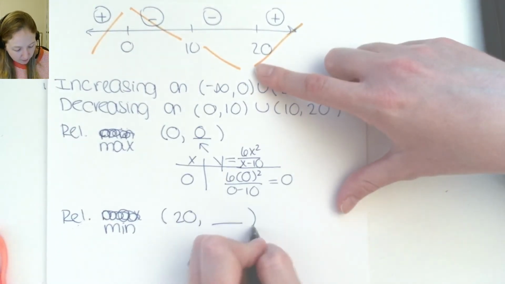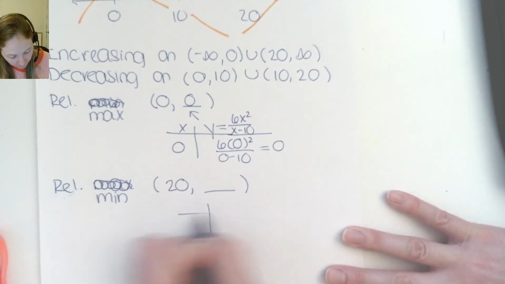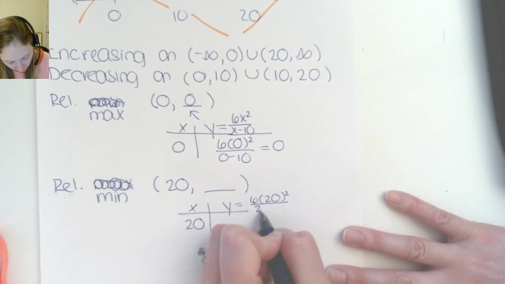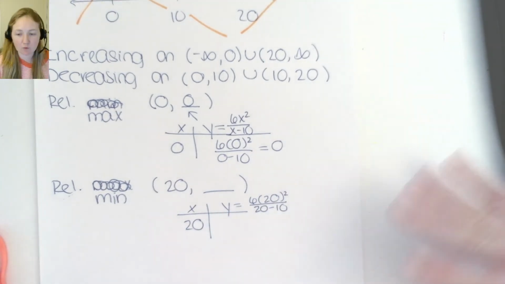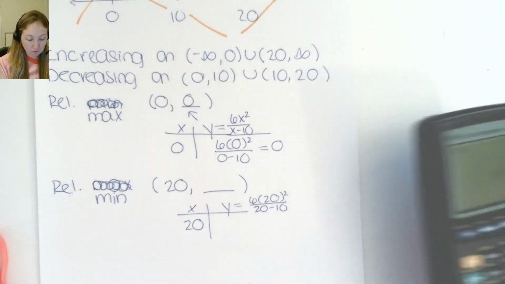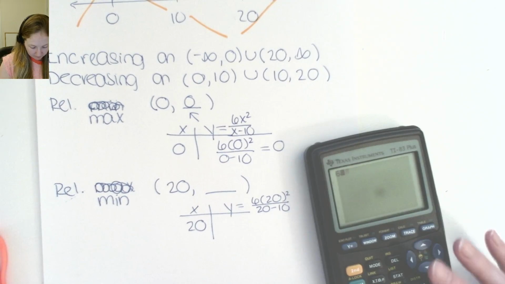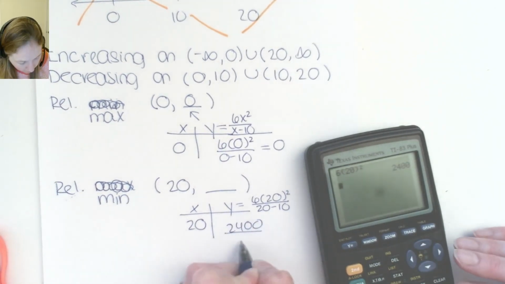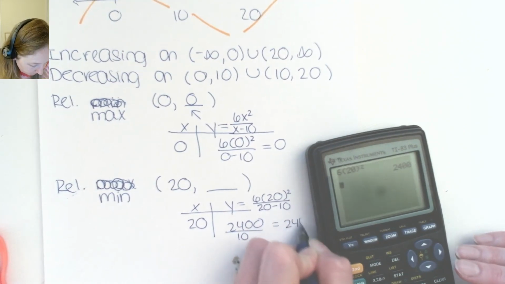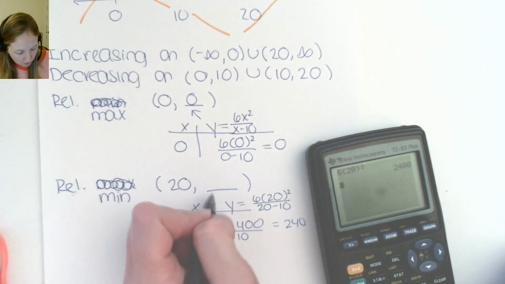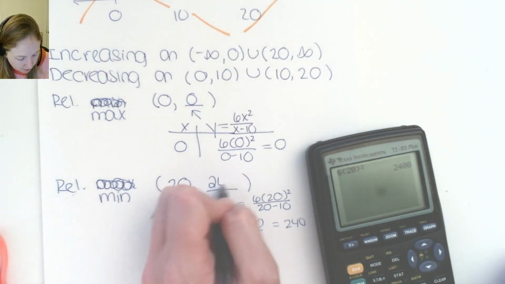And then to get that x y coordinate, we have our 20, and then we'll have 6 times 20 squared over 20 minus 10. So we're going to do that arithmetic, again, plugging in to the original function. So we'll have 6 times 20 squared, so 2400 over 10. So that just gives you 240. So our relative min will be 20, comma 240.